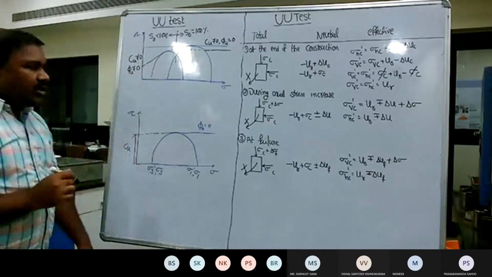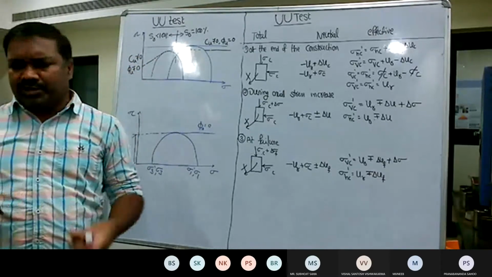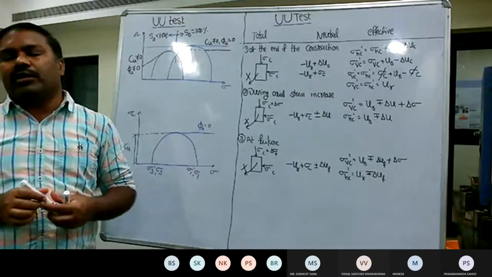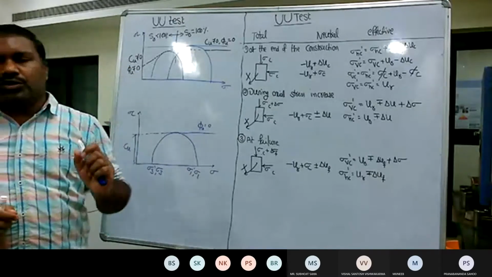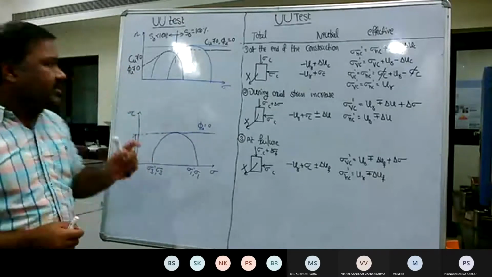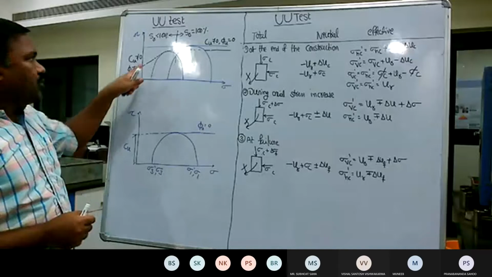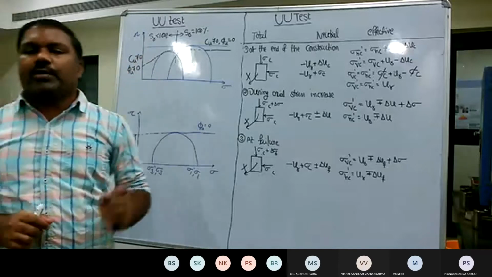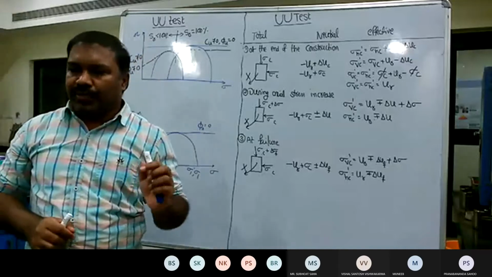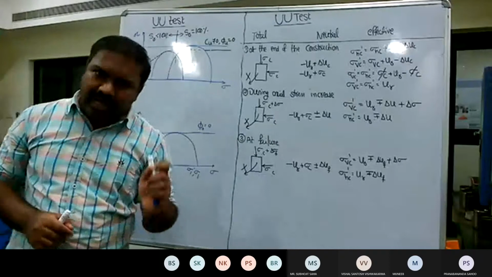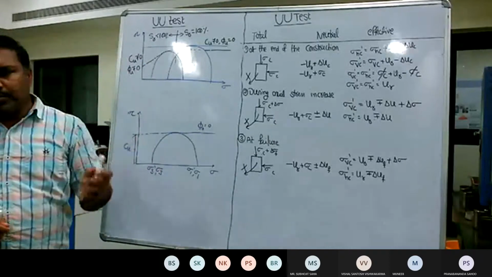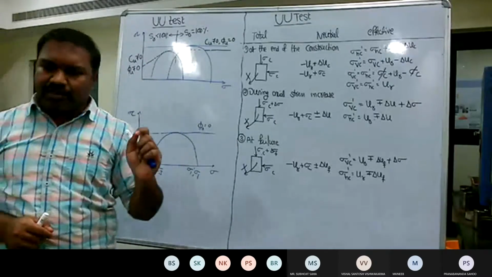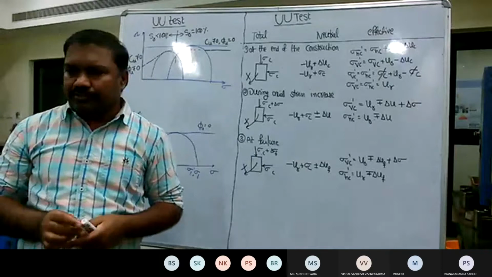So this is why, when you do any UU test, which is normally conducted corresponding to 3 cell pressures, you always see the values of Cu and phi u. The basic reason is the samples are not fully saturated. The tests are conducted on soil samples which have been taken as they are from the field condition.